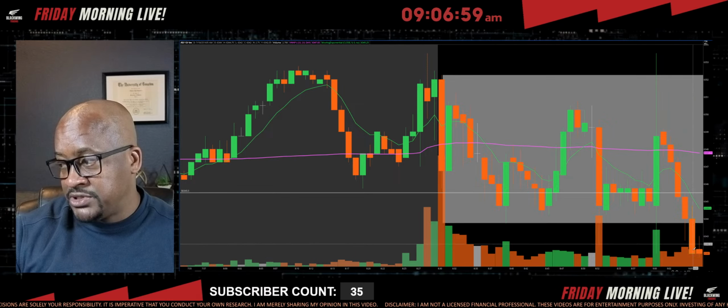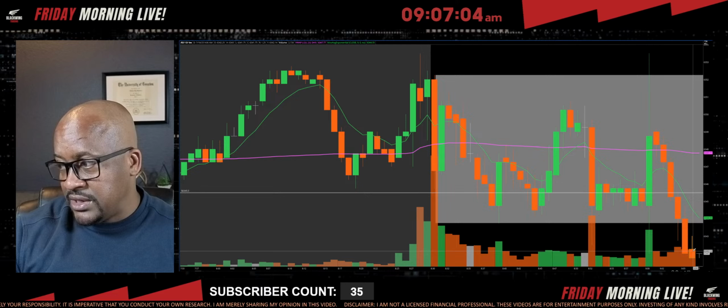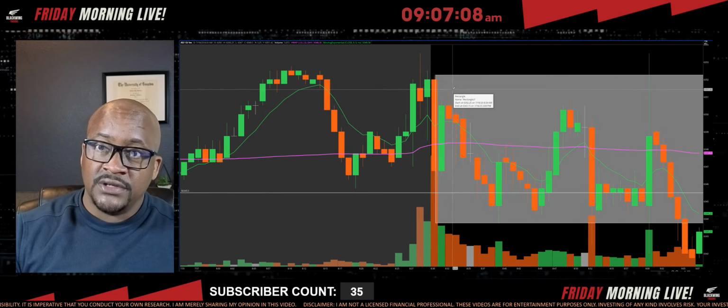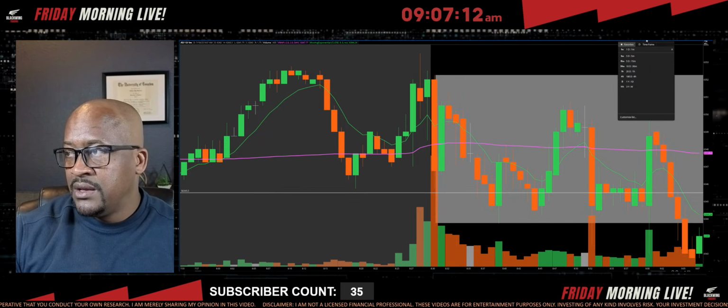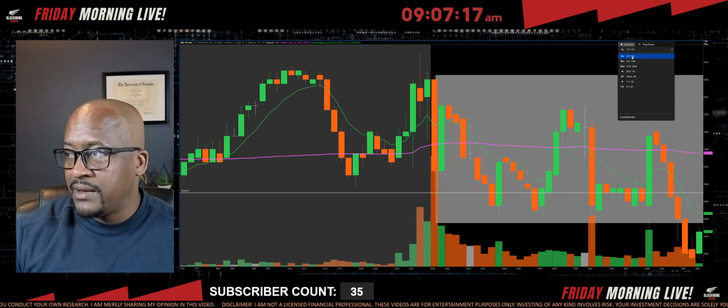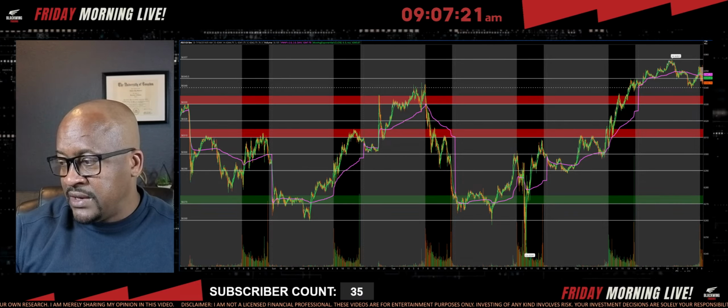So this one closed below the range, and now you got another one that's going below, but you can see it pop back up. So I don't like to trade on a 1 minute candle because you have way too much price action within 1 minute. I have traded on 2 minute before, but I like the 5 minute because I think that gives you stability. But it all depends on what you do.